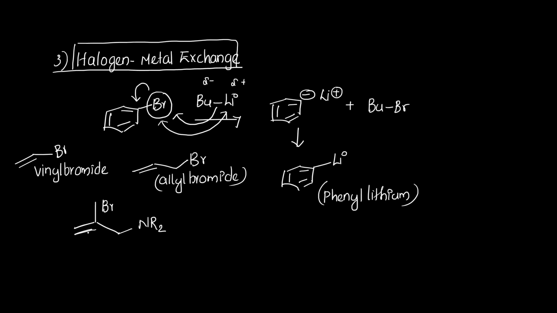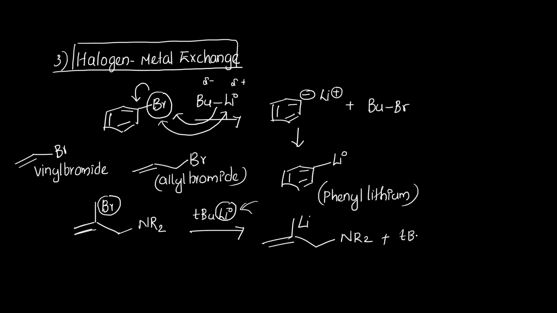Or if you consider the nitrogen, you can also call it an allyl amine, right? Allyl amine. So here we treat this with tert-butyl lithium. So what will happen? This bromine and the lithium simply swap their places. So you will get the lithium here and in the place of lithium you will get the bromine. So this is the halogen metal exchange.